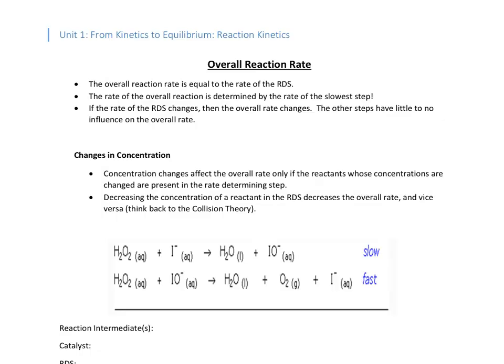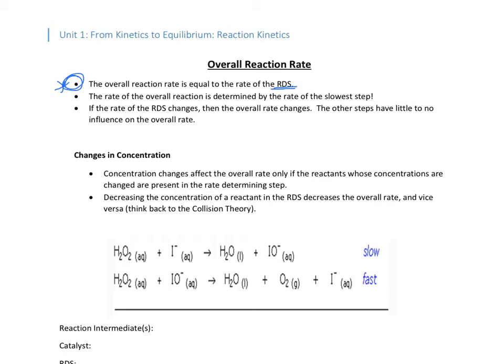When we talk about the overall reaction rate, we're talking about how fast it takes for all of the steps in a reaction mechanism to occur. And the overall reaction rate is always equal to the rate of the rate determining step. Again, think of the analogy of cooking Thanksgiving dinner. No matter how fast you can cook, anything else in the dinner besides the turkey will have no effect on the overall reaction rate.